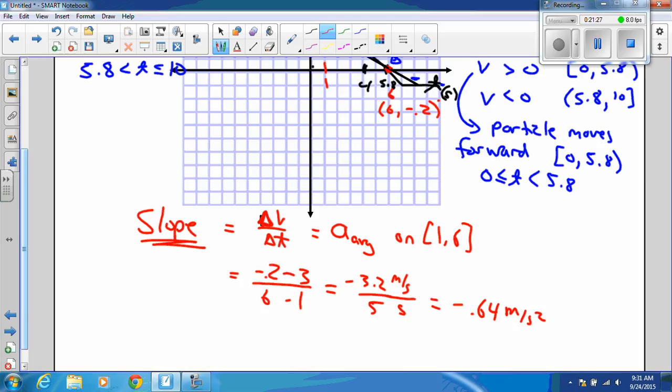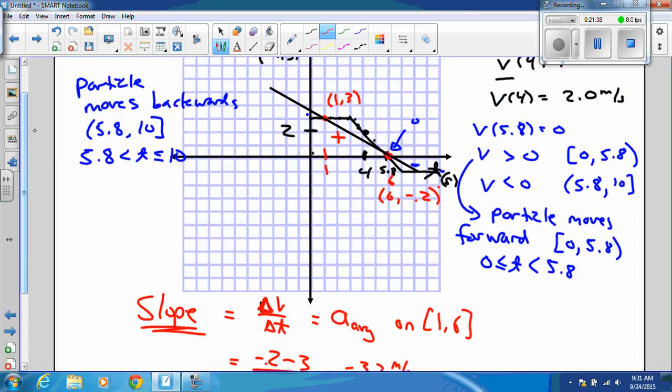If I need an instantaneous acceleration at some time, I will do the same thing, but I will let delta t go to 0. In other words, I'll find the slope at a single point. So I come back here. Let's say that I want the acceleration at t equals 4. Then I would put a line that goes in the same direction as the curve at t equals 4. If your curve already happens to be a straight line at that point, then your curve is that line.